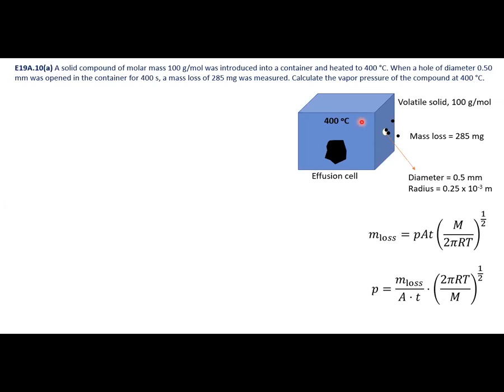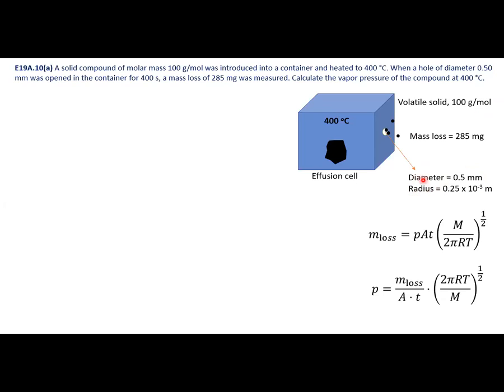When a hole of diameter 0.5 millimeter was opened in the container for 400 seconds, a mass loss of 285 milligrams was measured. So here they have given the mass loss, and we need to calculate the vapor pressure of the compound at 400 degrees Celsius.